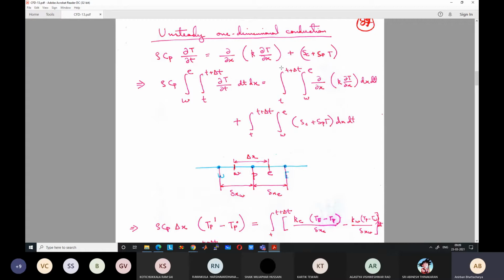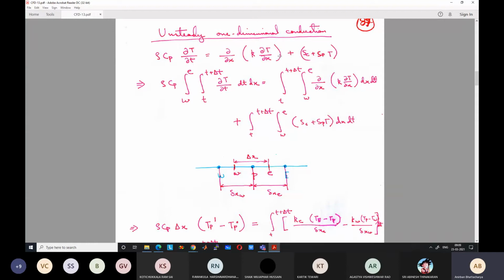And if you want to take an average of the old and new time step value, so say T old plus T new by 2, or TP old plus TP new by 2, then we have something which is known as the Crank-Nicolson method or semi-implicit method.